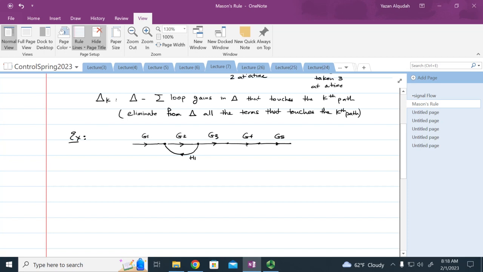And with G4, we have a path back with a gain of H2. This is the output, and we have a path this way that is G6. And we have G7, and we have H4, and we have G8.